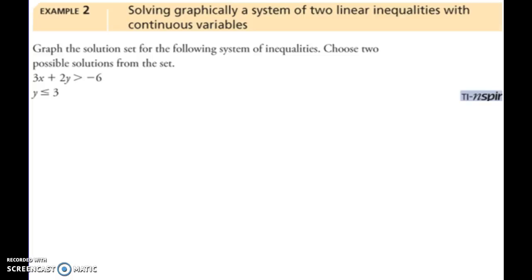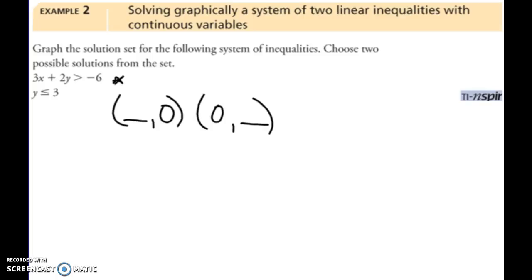First things first, I'm going to look at the first equation and find my x and y intercept. If I need my x-intercept, I let my y equal 0. And if I need my y-intercept, I let my x equal 0.